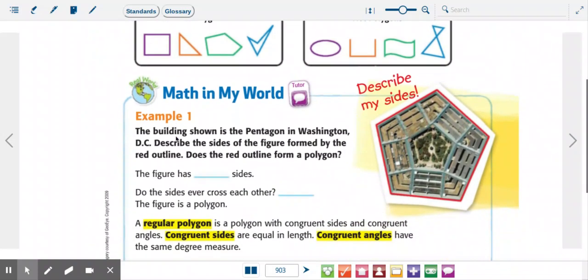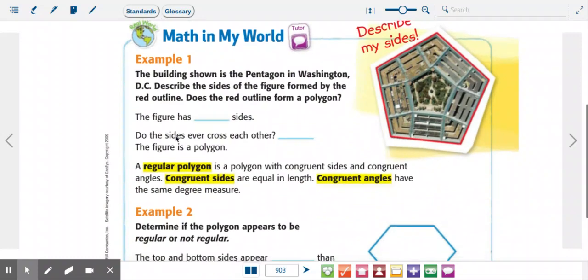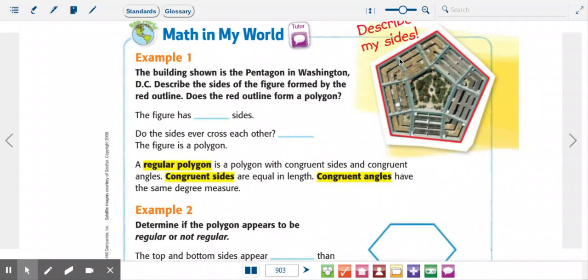All right, so we're going to be looking at this pentagon here. So the building shown in this is the Pentagon that's in Washington, D.C. So we're going to describe the size of the sides of the figure formed by the red outlines. This is that big outline on the outside here. So does that red outline form a polygon?